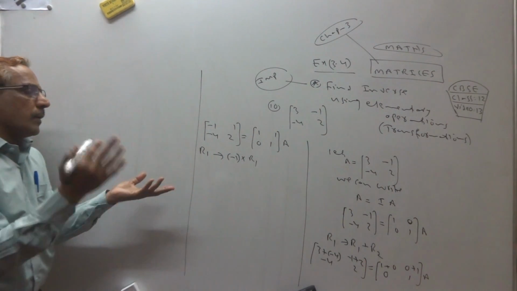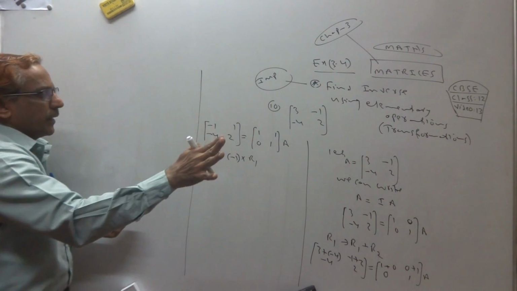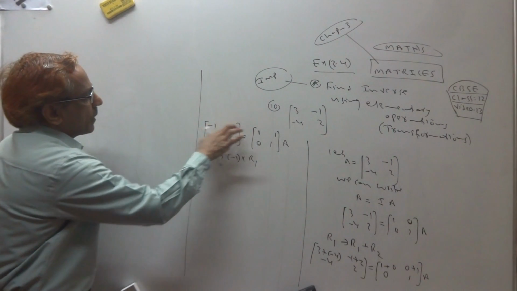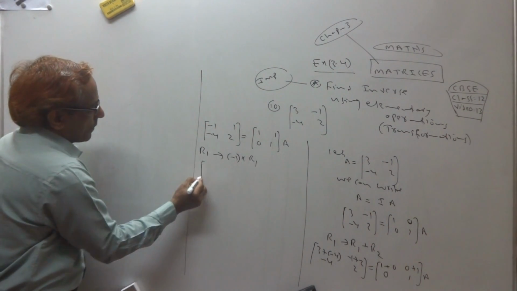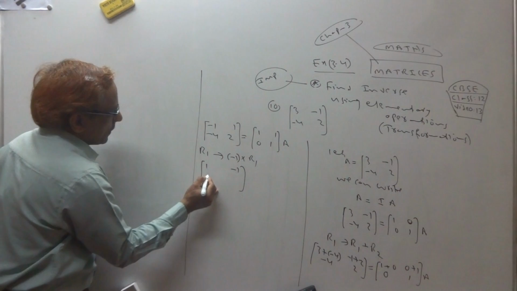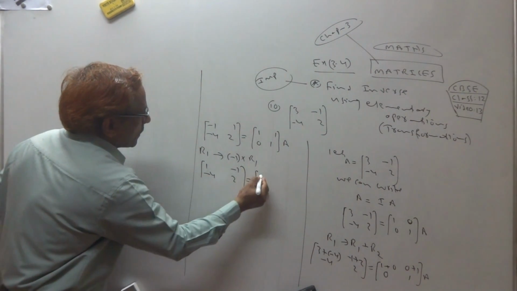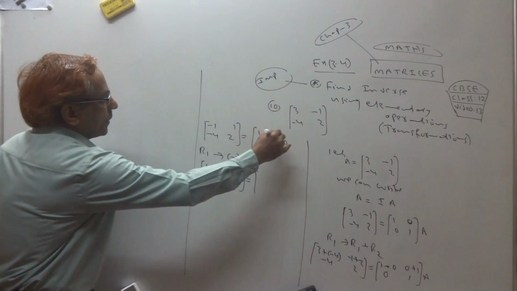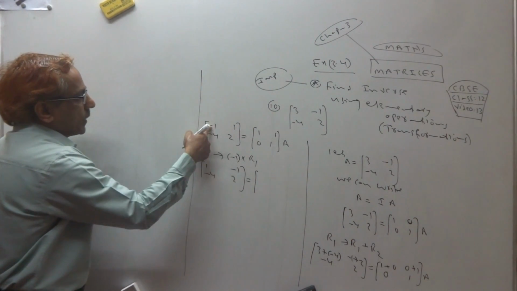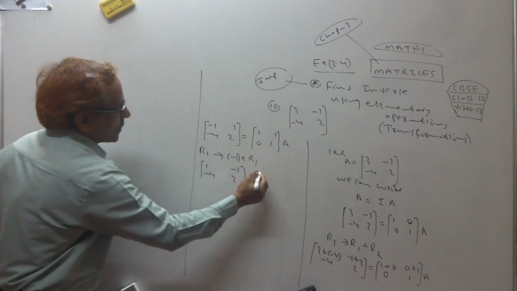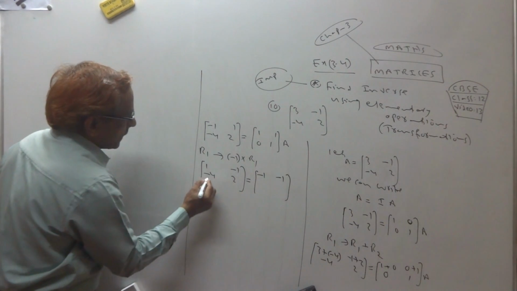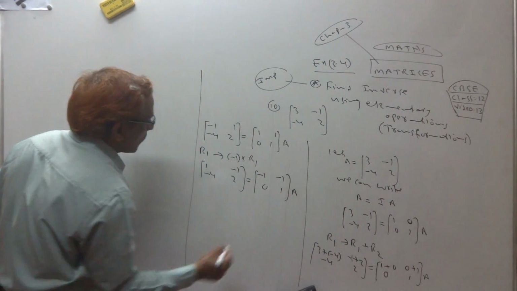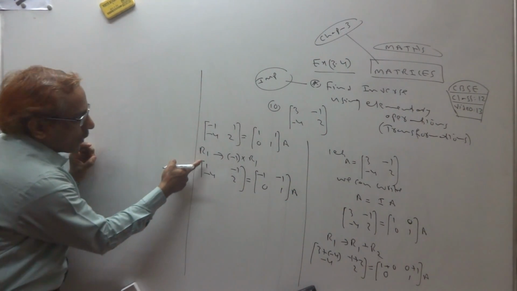This is possible, by any non-zero number you can multiply. I want to multiply by minus 1 so that it becomes plus 1, minus 1. R1 multiplied by minus 1 gives 1, minus 1, and on the right minus 1, minus 1. R2 will be the same. So I got 1 here.